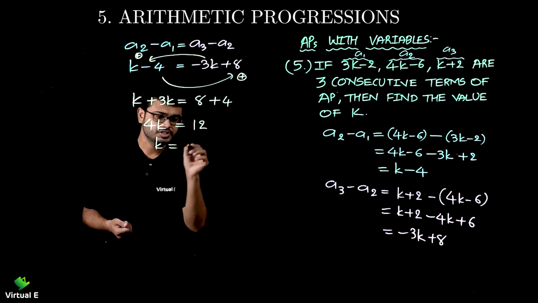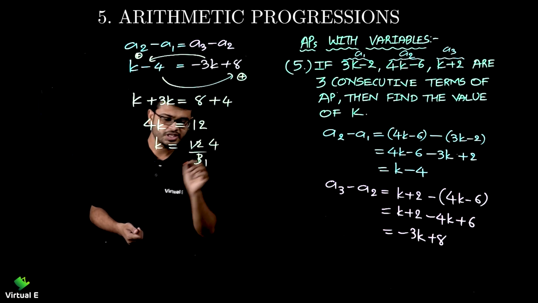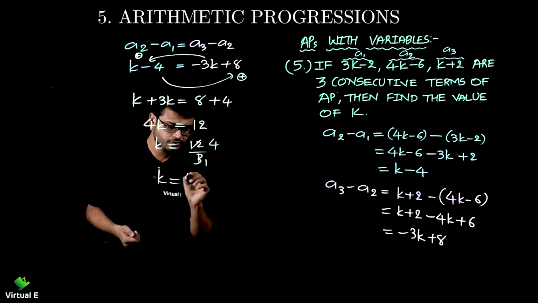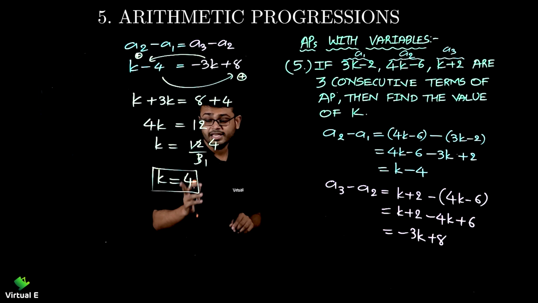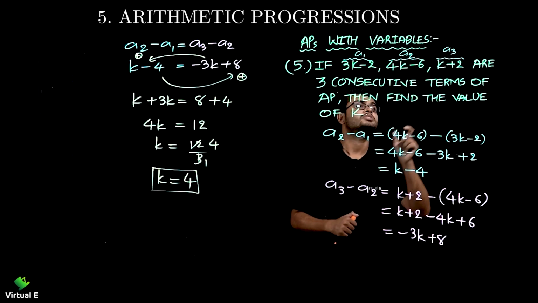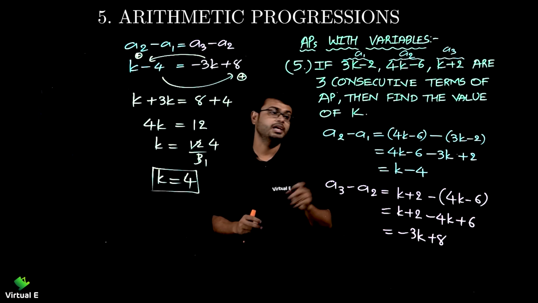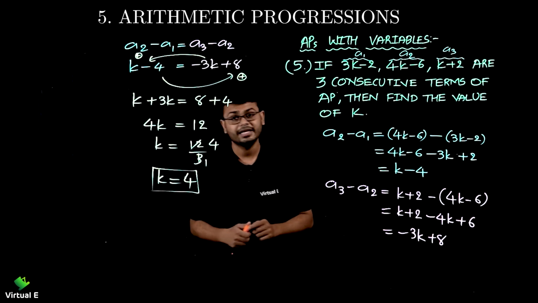K is equal to 12 by 4, so k is equal to 3, my final answer. So if I take the k value, then all these three terms will be in AP. We got the difference, equate the difference, solve it and get the answer.